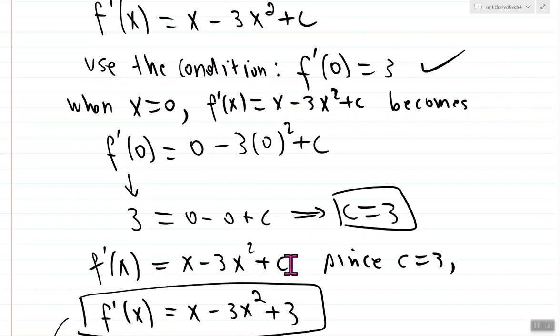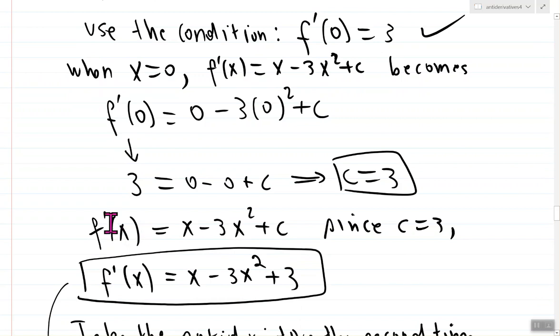So we go back to the equation of f prime of x, which is x minus 3x squared plus c. We replace the c by 3 that we just got. That's why that condition was there: it was to solve for c, which is 3.